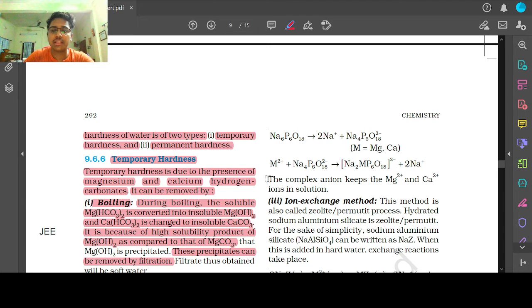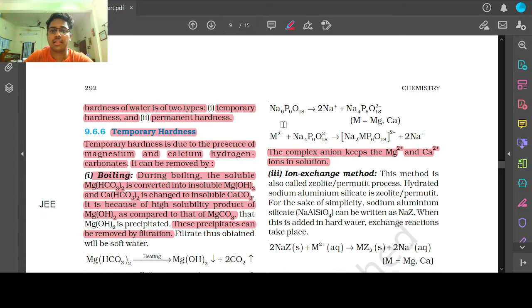So what is the main thing we need to note from here? The complex anion keeps the magnesium and calcium ions in the solution. Na6P6O18 disintegrates into sodium ions and forms Na4P6O18 2 minus.